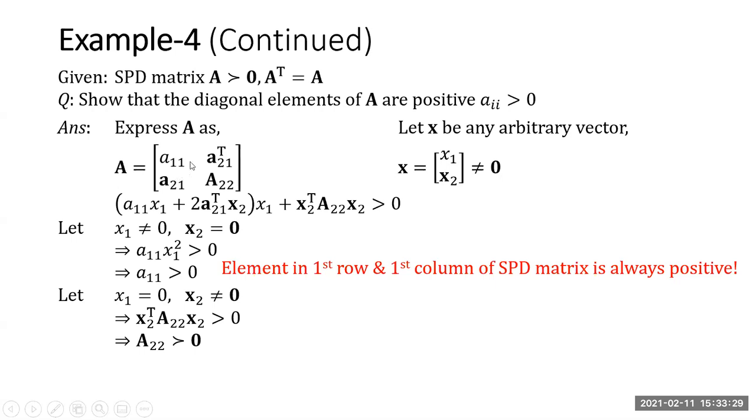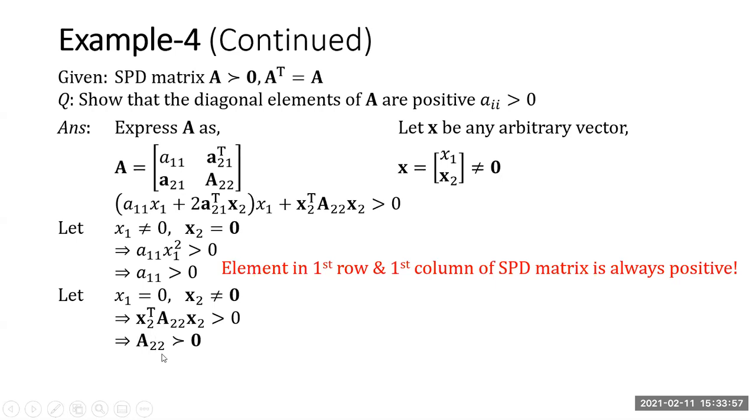What we proved is that the first scalar element in the first row and first column is positive, and the rest of the matrix is positive definite. Now, since this is positive definite, pretend that A22 is equal to this A. So we can then isolate the first row and first column of this matrix, right?